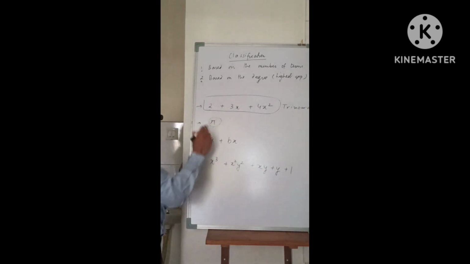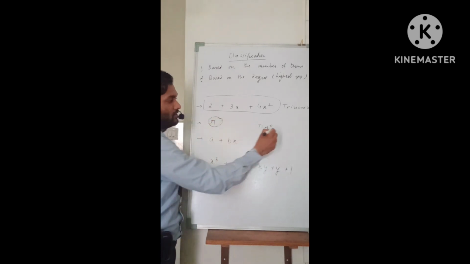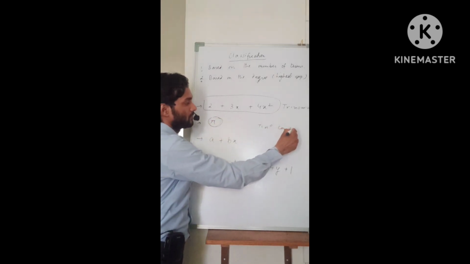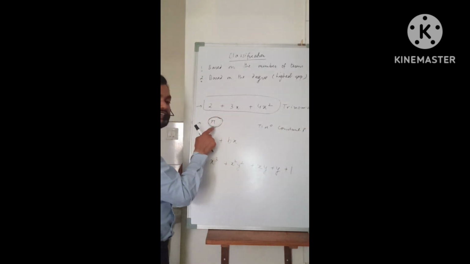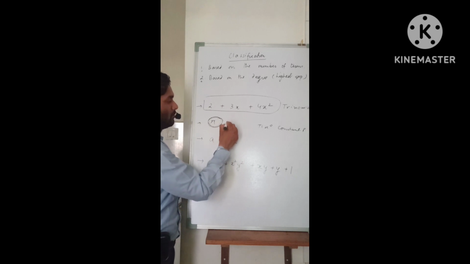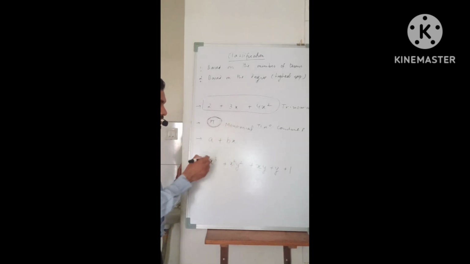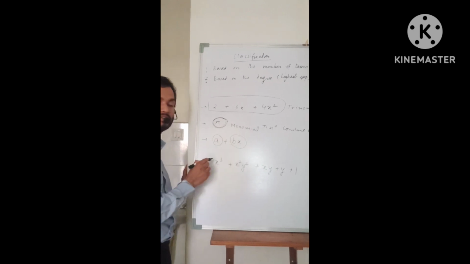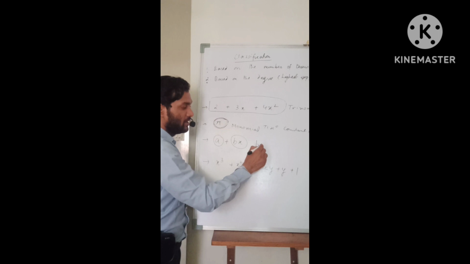And this is nothing but pi x raised to 0. So this is also a polynomial, which is known as a constant polynomial. Since we have just one term in this, it is mono. Mono means one. This is a monomial. And here we have 1 term and 2 terms. 2 means binomial.